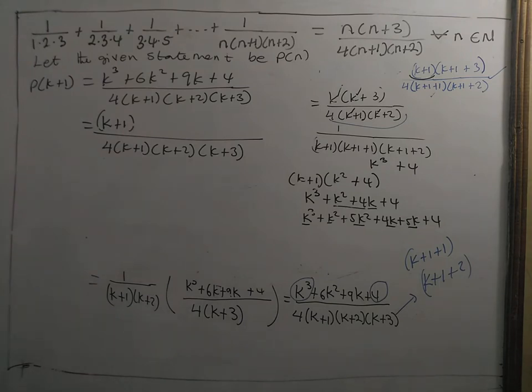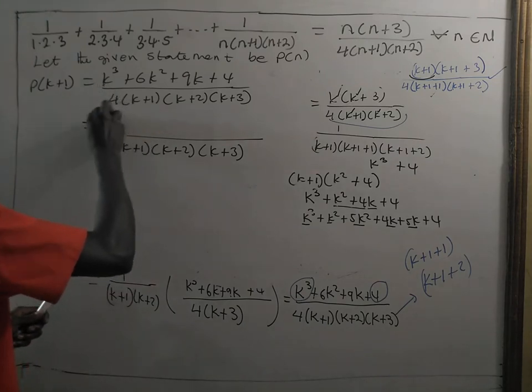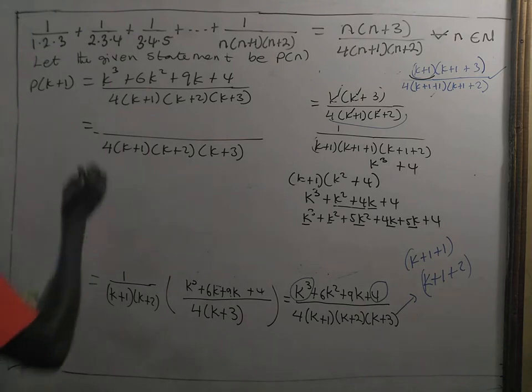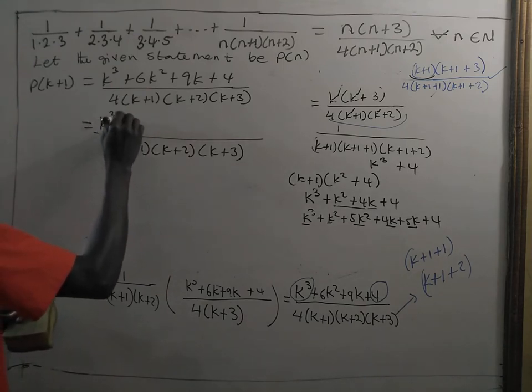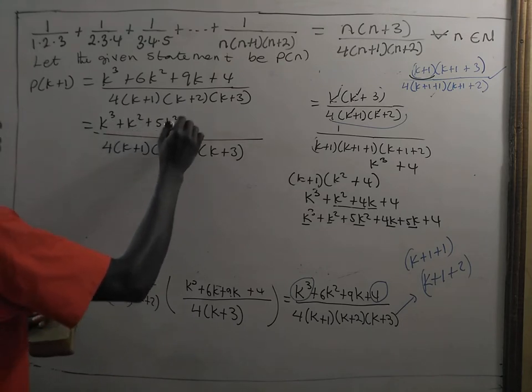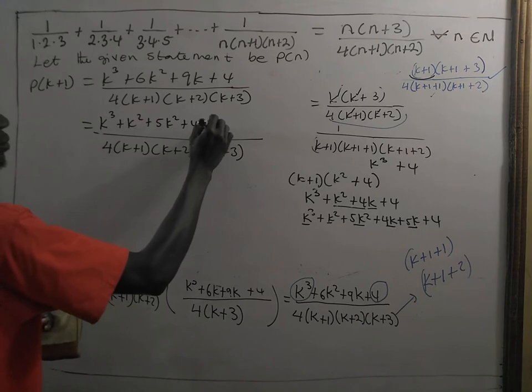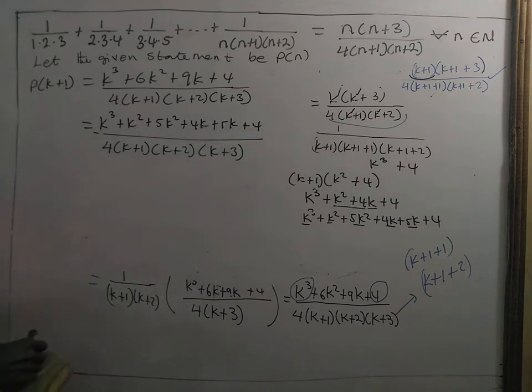That is it. So take a very good note of that. So the top now becomes k cubed plus k squared plus 5k squared plus 4k plus 5k plus 4. That is it. Very simple as that.